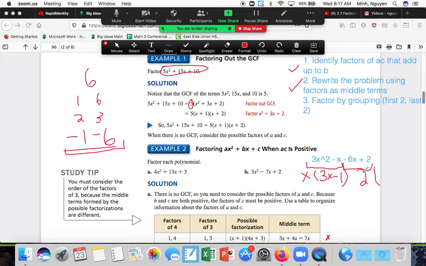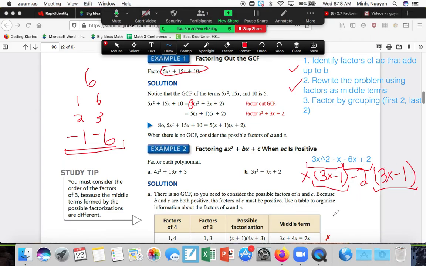But since that would mean the parentheses are not the same, then I don't want to do that. And so what I will factor is a negative 2. So the reason I factor a negative 2 is so that I can write 3x minus 1. These parentheses have to be identical. 3x minus 1 times x, 3x minus 1 times negative 2.